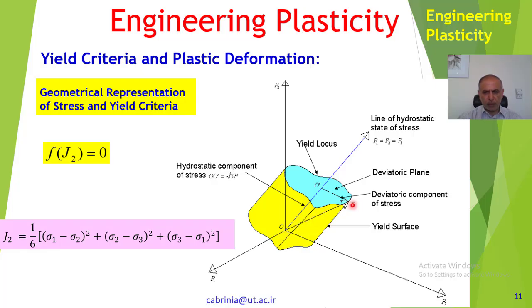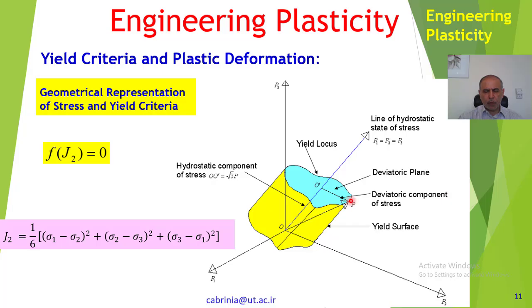Supposing that is the value at which the material yields, OP there. And if that's where the material yields, then a perpendicular to this hydrostatic line will be the deviatoric component of stress, and this OO' is the hydrostatic component of stress.